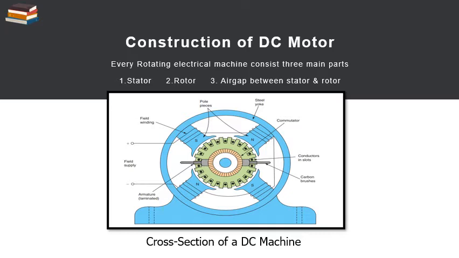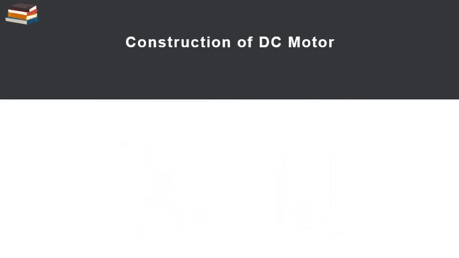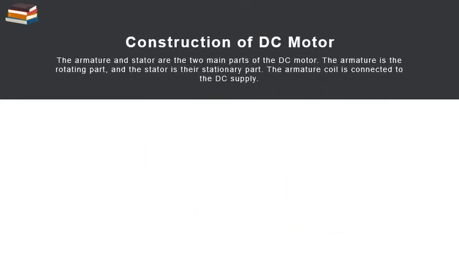The stator consists of main field pole, interpole, field winding, carbon brushes, etc. The parts of the rotor are commutator, commutator segments, armature winding, shaft, etc. The armature and stator are the two main parts of the DC motor.